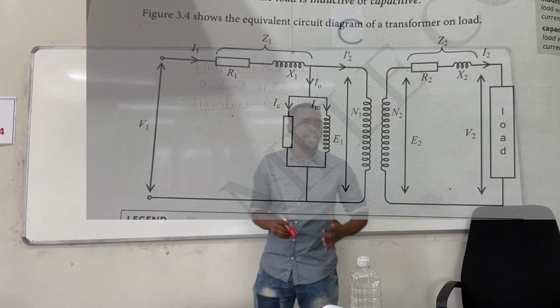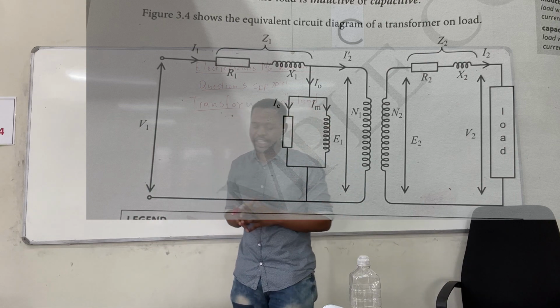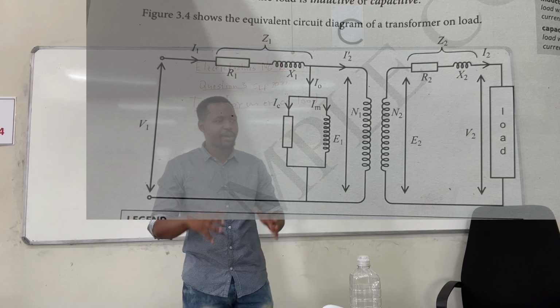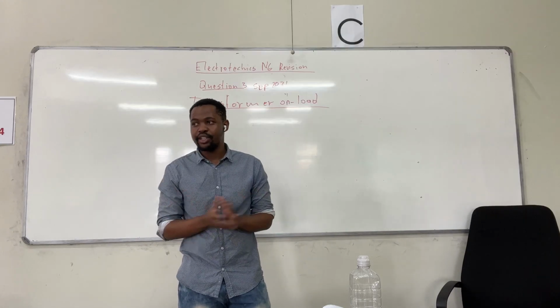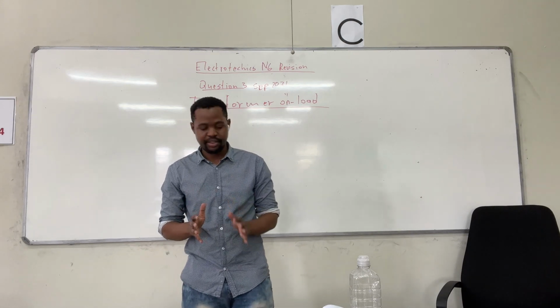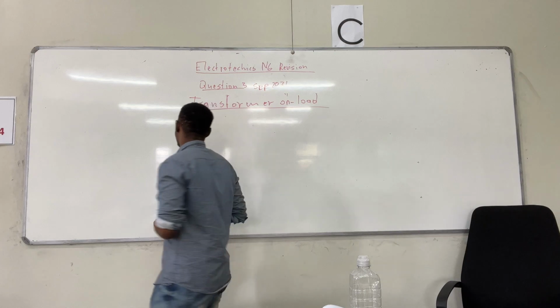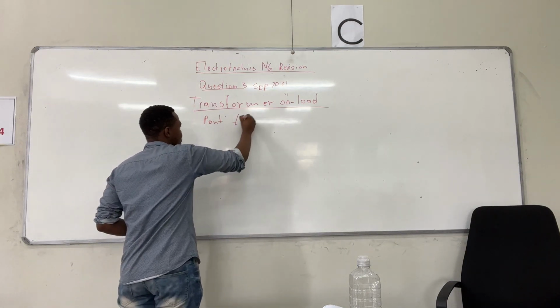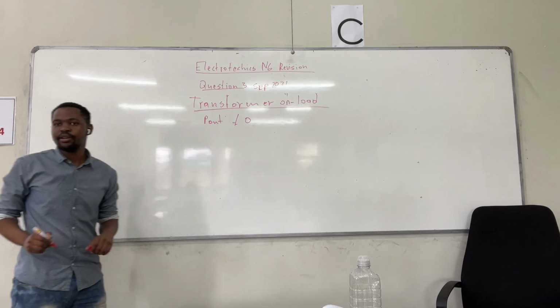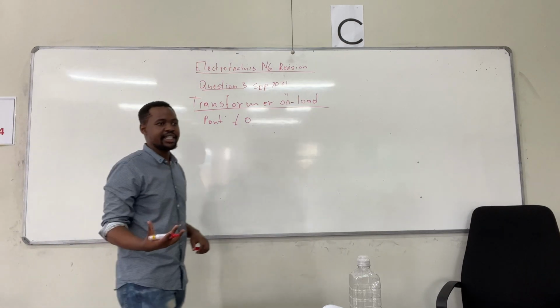Basically, when we have a transformer on load, it means that we have connected a load. So we do have an output. We can no longer say the output power is 0, because now we have connected a load.